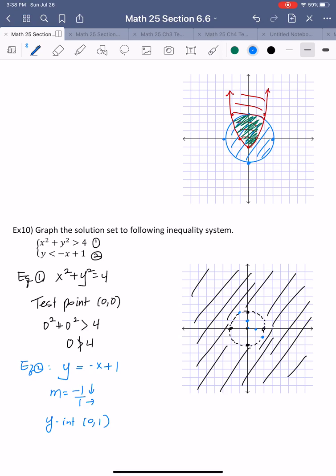This is also dashed. And then test point, this time I can use 0, 0. So 0 less than negative 0 plus 1, 0 less than 1, true. So 0, 0 works. 0, 0 is right here, which means we need to shade on this side.